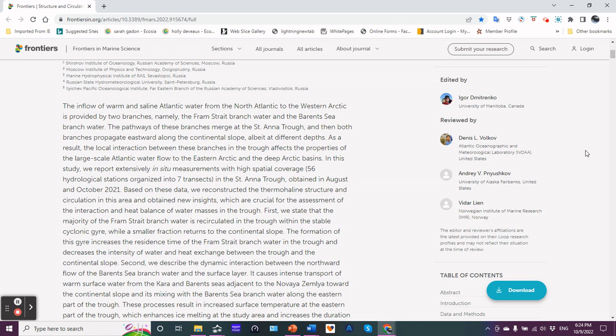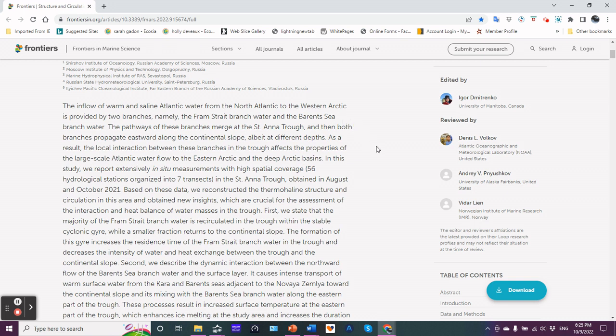The inflow of warm and saline Atlantic water from the North Atlantic to the Western Arctic is provided by two branches, namely the Fram Strait branch water and the Barents Sea branch water. Now, throughout the paper, when you see FSBW, that's the Fram Strait branch water, and BSBW is the Barents Sea branch water.